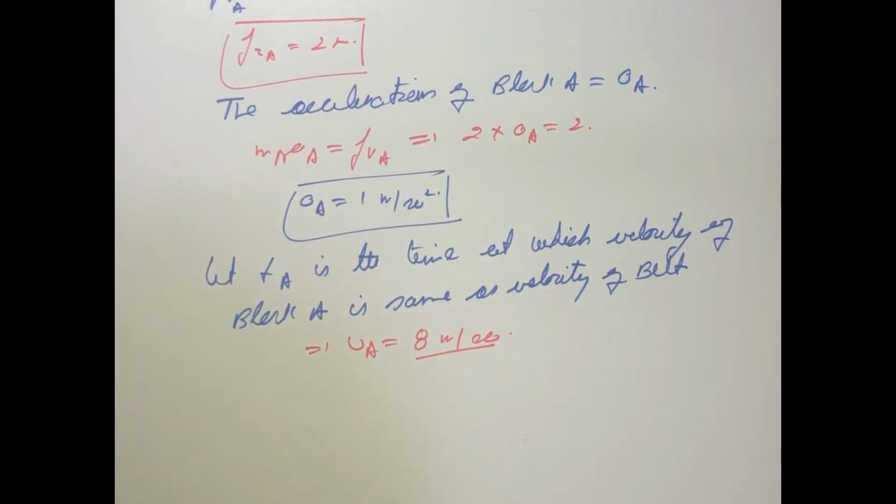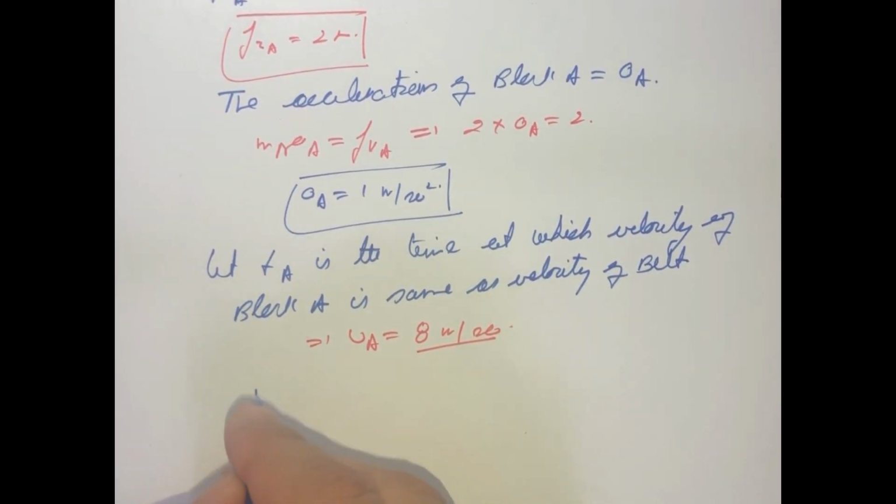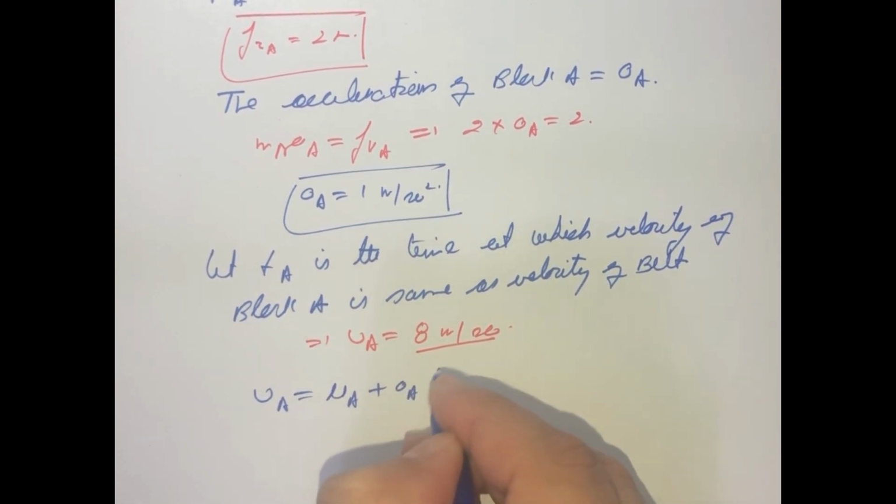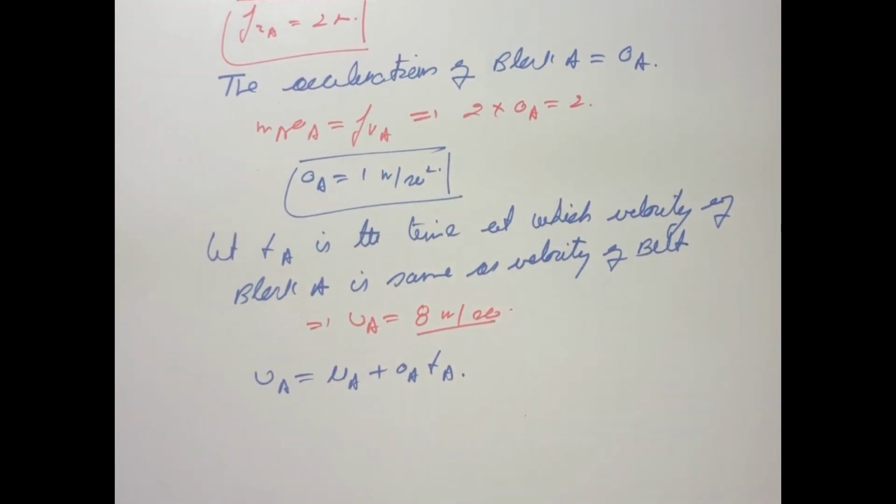So we can use the equation VA is equal to UA plus acceleration of A and TA. Now the initial velocity of block A we have already found out is 4 meter per second.